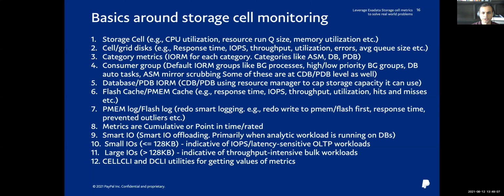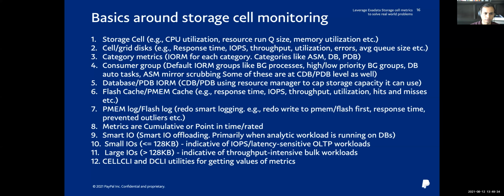You look at CPU utilization, and the run queue size also matters. How is the memory utilization? Because you have some services running on storage cells which are collecting data or providing smart scan functionality, doing columnar compression, and a bunch of those things. So there are a lot of processes running on the storage cell.